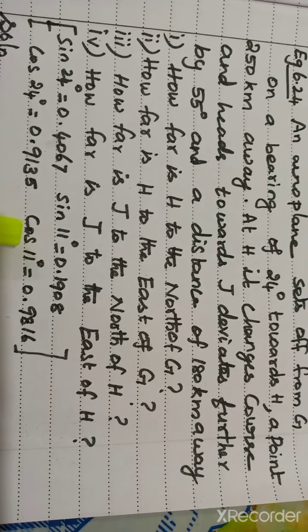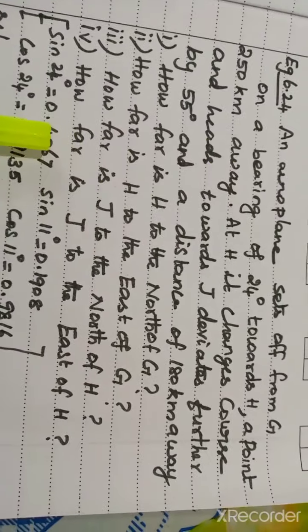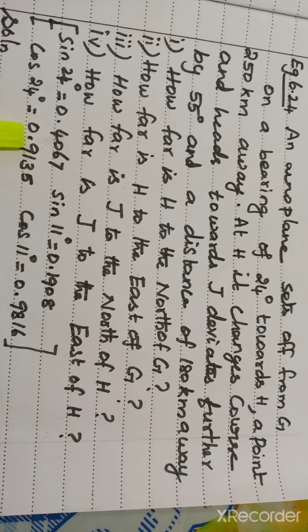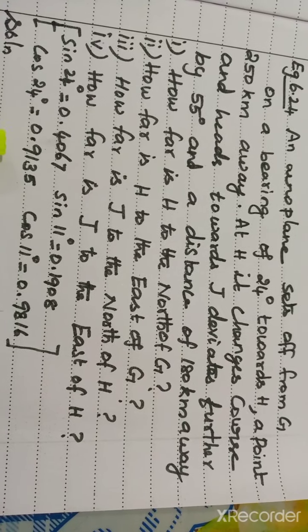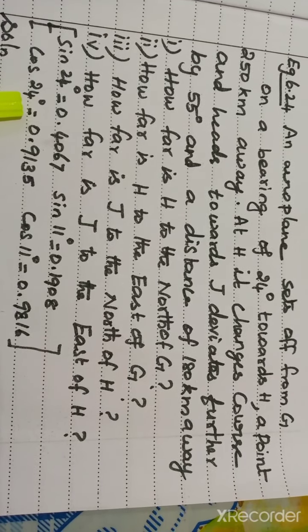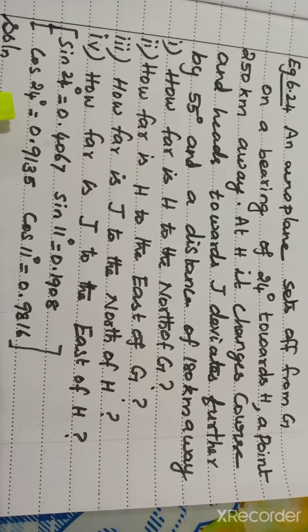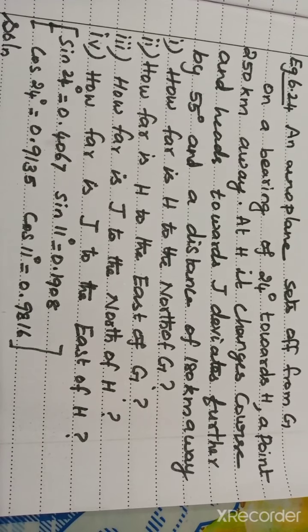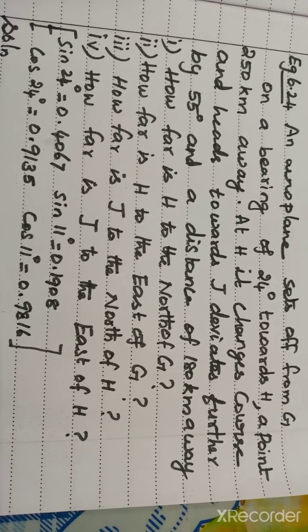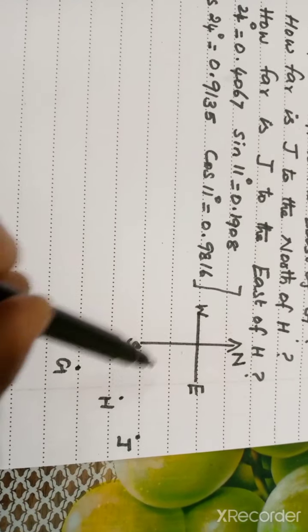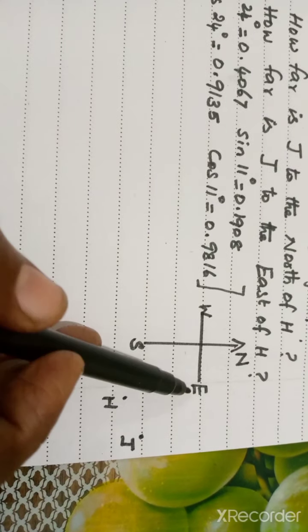So the question is somewhat long, isn't it? But the answer is very simple. Listen carefully, and if you listen carefully, you can easily understand. Here directions are mentioned, so first of all, let us consider the directions. We know the directions: east, west, north, south. Let us mention north, south, east, west.